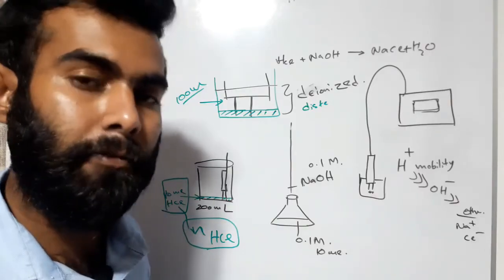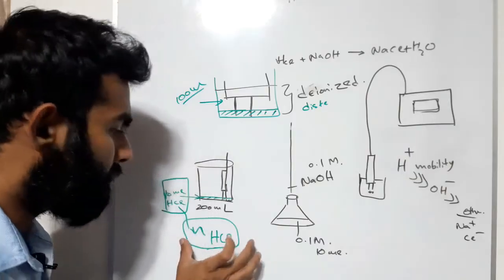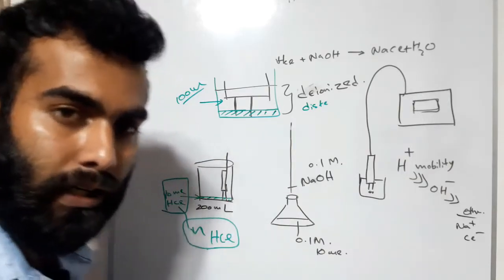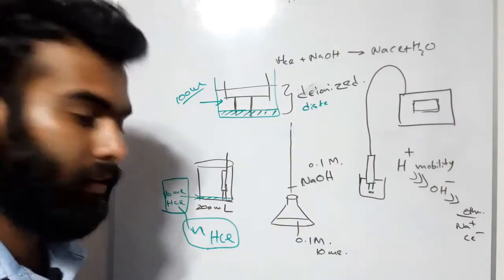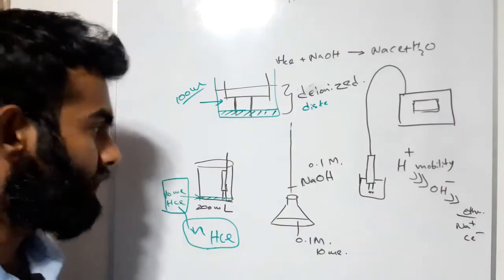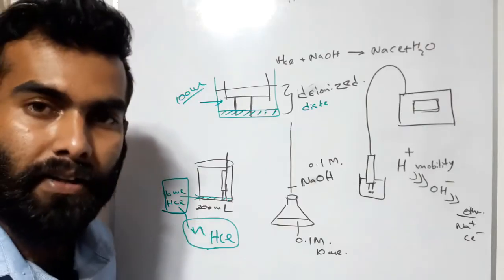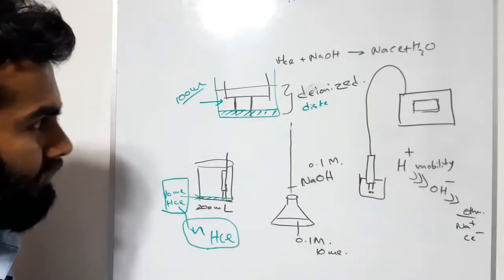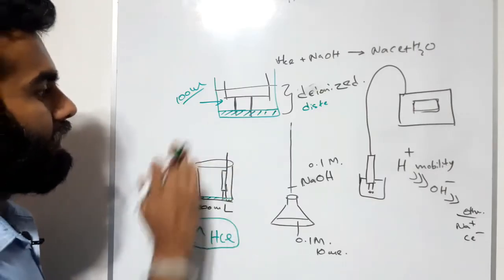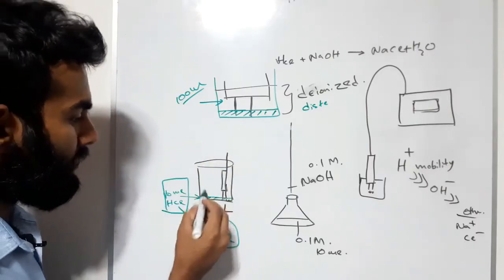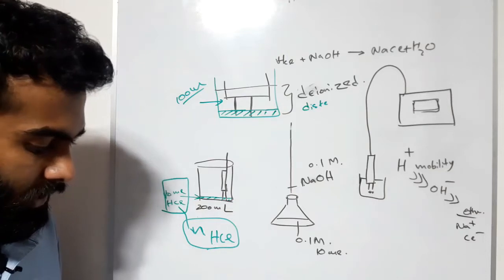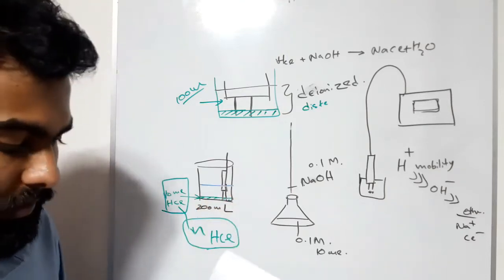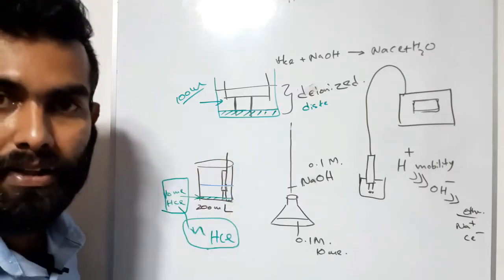It doesn't matter if we add water; we don't add HCl or remove HCl from this solution. The number of moles is the same, so the conductance will also be the same after adding water. Okay. Now we add water. After adding water, the volume will be higher, so the two metal plates of the conductivity meter cell will be fully immersed.